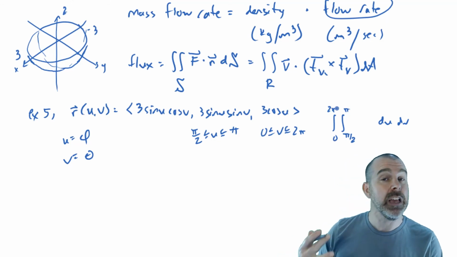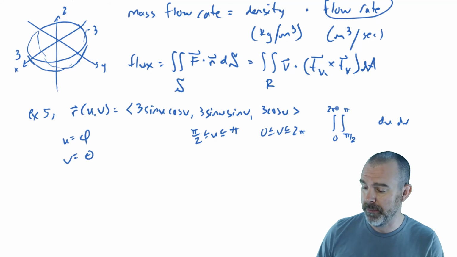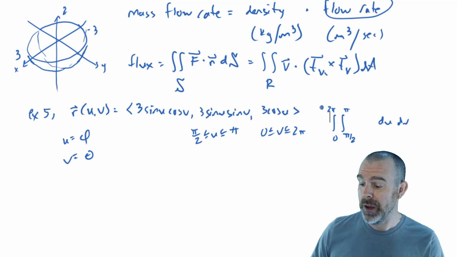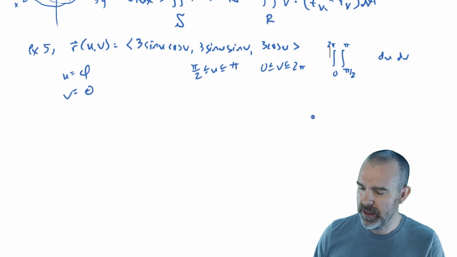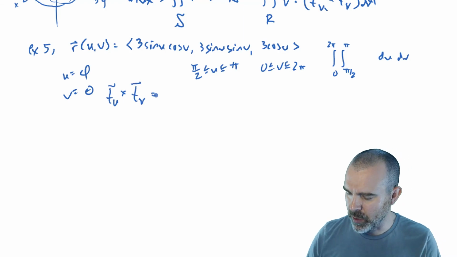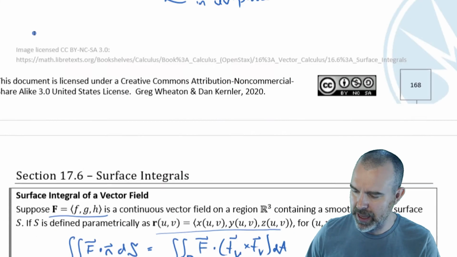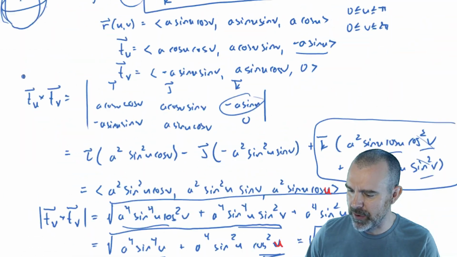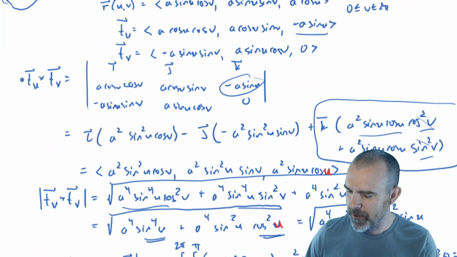That's going to be our rectangular region in the UV plane. So now we have to find, I think we did some of this already actually, Tu cross product with Tv. We should be able to go back and use some of the results from example 3.